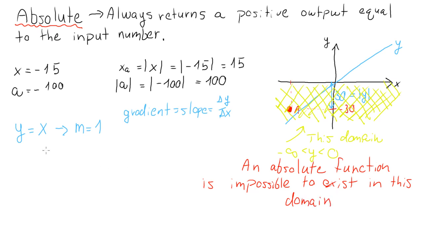Let's prove it. Let's evaluate the absolute value of y, which is of course equivalent to the absolute value of x. Now let's just take, for example, this point. This point could be -4. So let's plug -4 into our absolute value, and the absolute value of -4 equals 4.